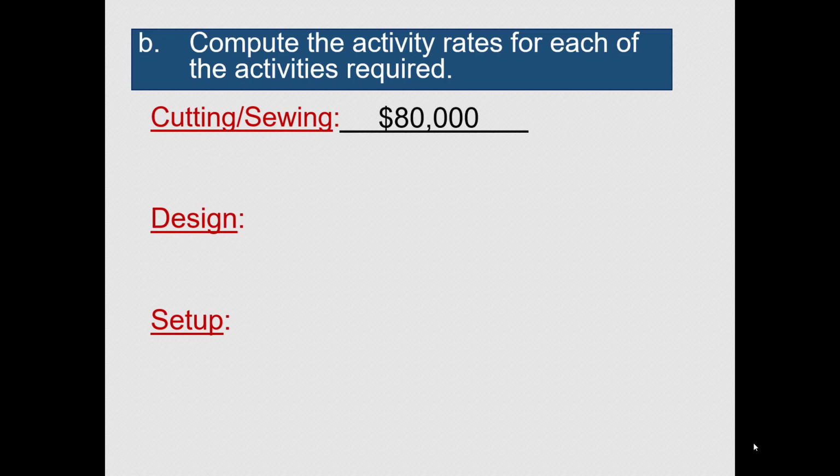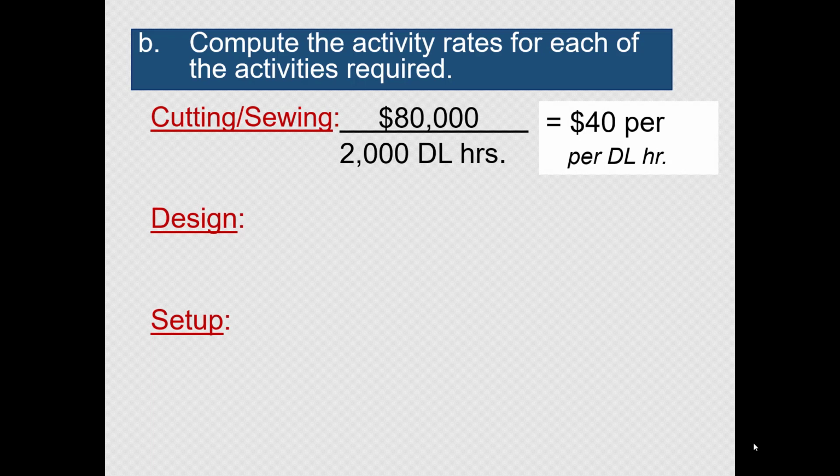Cutting and sewing expects $80,000 of cost, and that cost is driven by labor hours. We were told that earlier in the problem, and 2,000 total direct labor hours are required for both product lines. So we get $40 per direct labor hour.